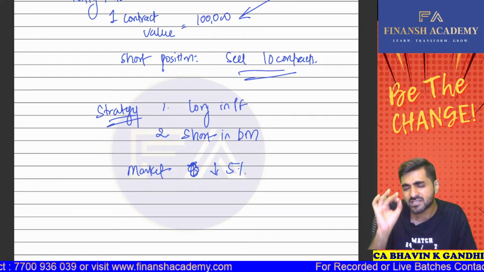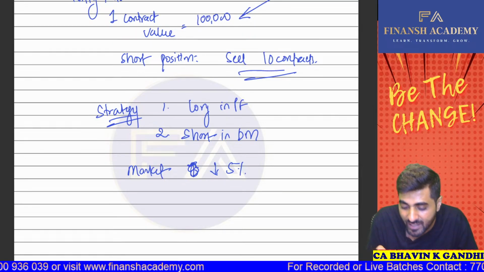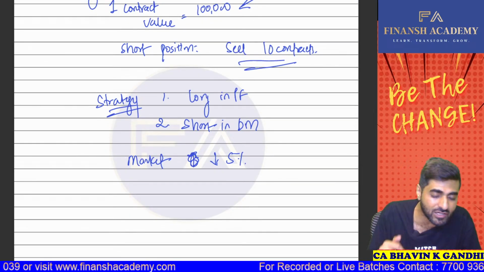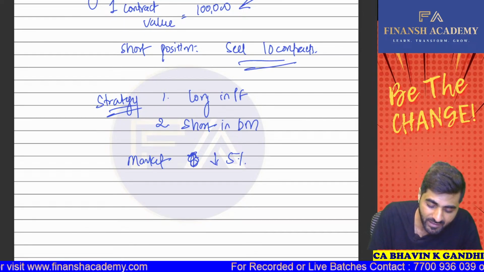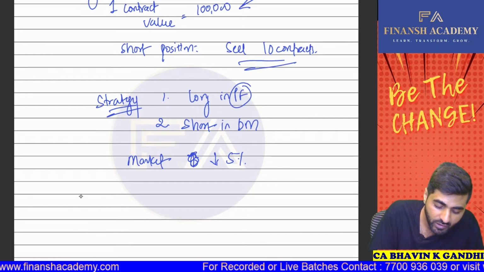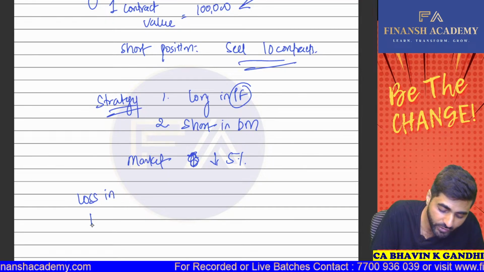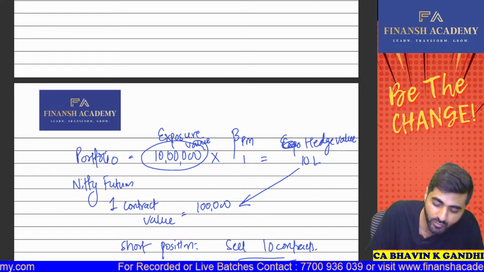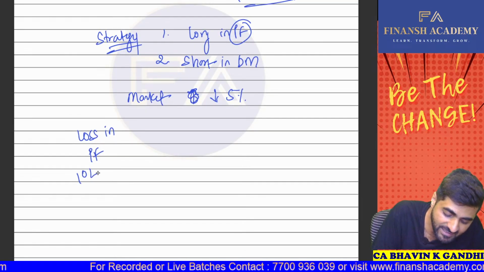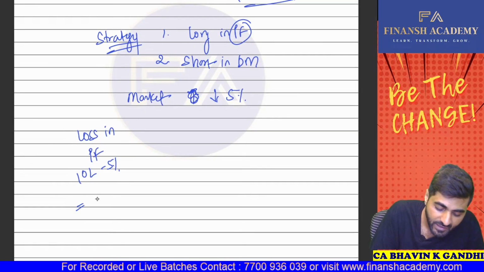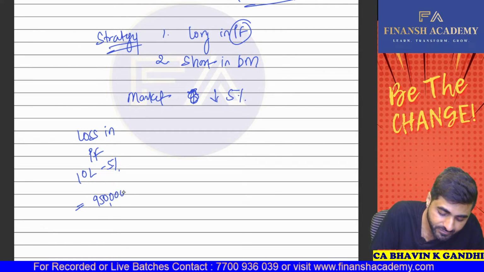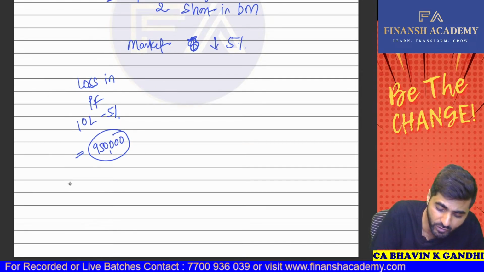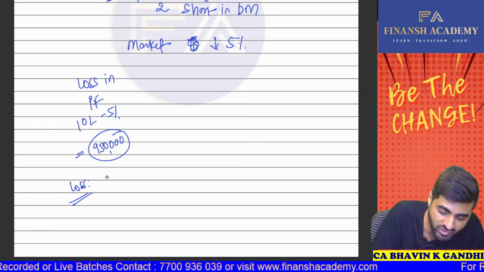Now, when the Nifty falls by 5%, automatically your portfolio is also going to fall. So there is going to be a loss in the portfolio. What will be the loss? Your portfolio value was 10 lakh rupees. So 10 lakhs minus 5% is 9 lakh 50,000. That will be the value of the portfolio. So here you are going to incur a loss of 50,000.